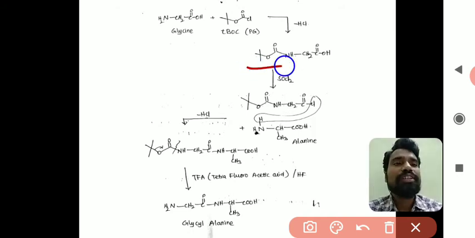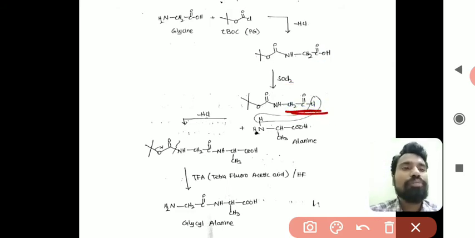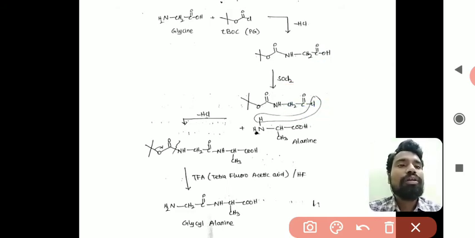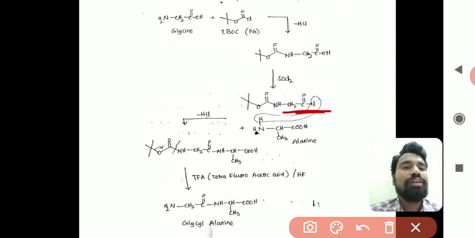Now this is reacted with SOCl2, and there is a formation of COCl here, right? So carbonyl chloride will be formed. Now this chloride we formed reacts with the next amino acid, that is the second amino acid.